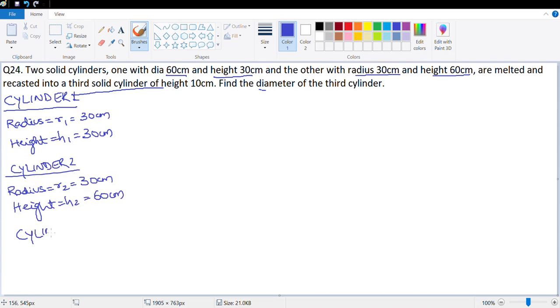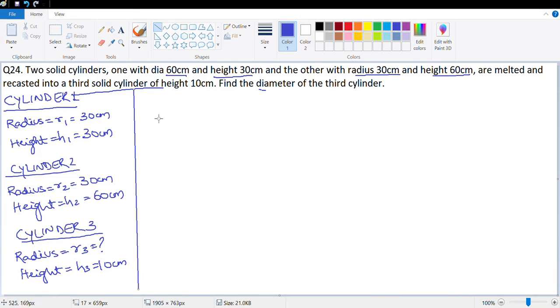And these two are melted and recast into cylinder 3, which has radius R3, which we don't know and need to calculate, and height H3 given equal to 10 centimeter. So that's the information given to us.